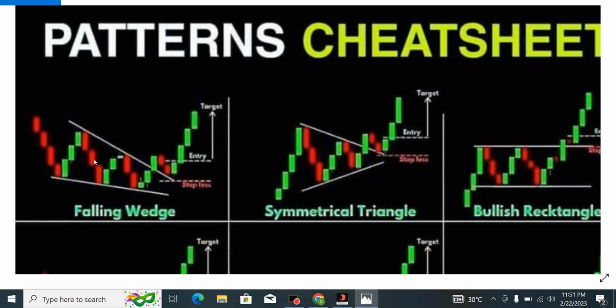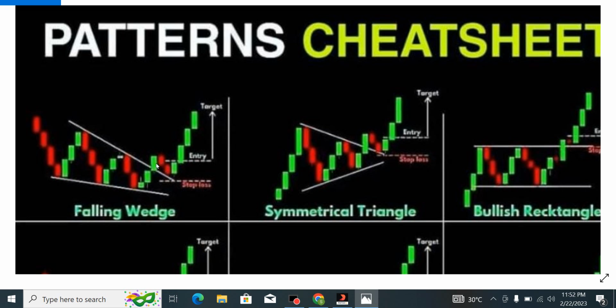Once that has happened, you can just draw your horizontal line like this and also draw this next one. Once the third touch happened and it went back up, what you are just waiting for is the breakout above. If the breakout happens above, you know it was on a downtrend before.